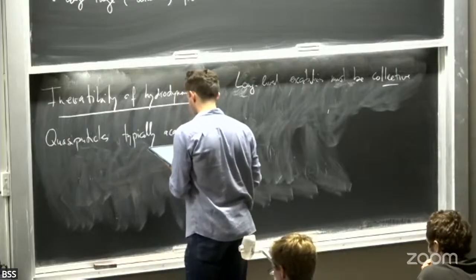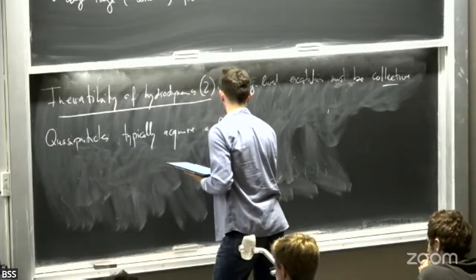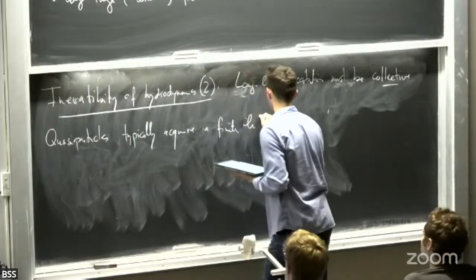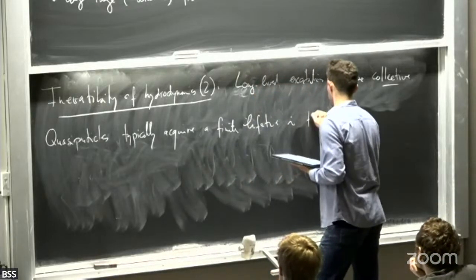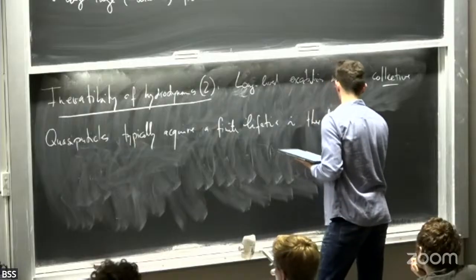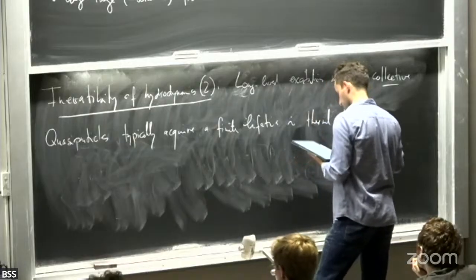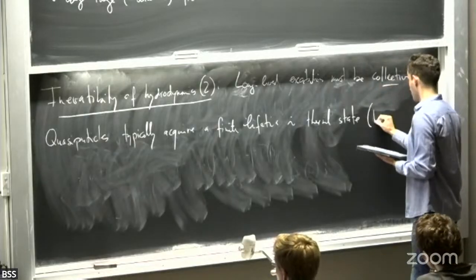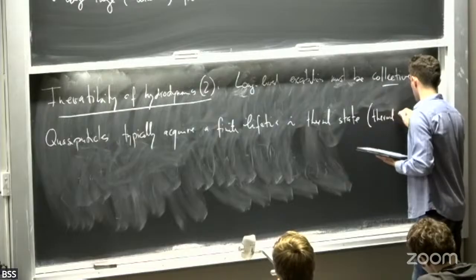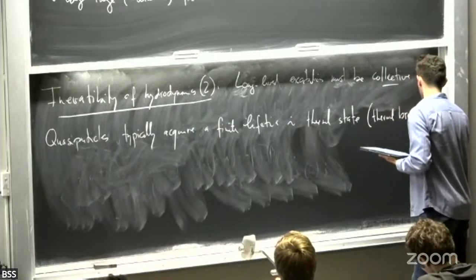Typically acquire a finite lifetime in the thermal states. Even if they were stable at zero temperature, they will generically have a width, we could call this thermal broadening, at finite temperature.